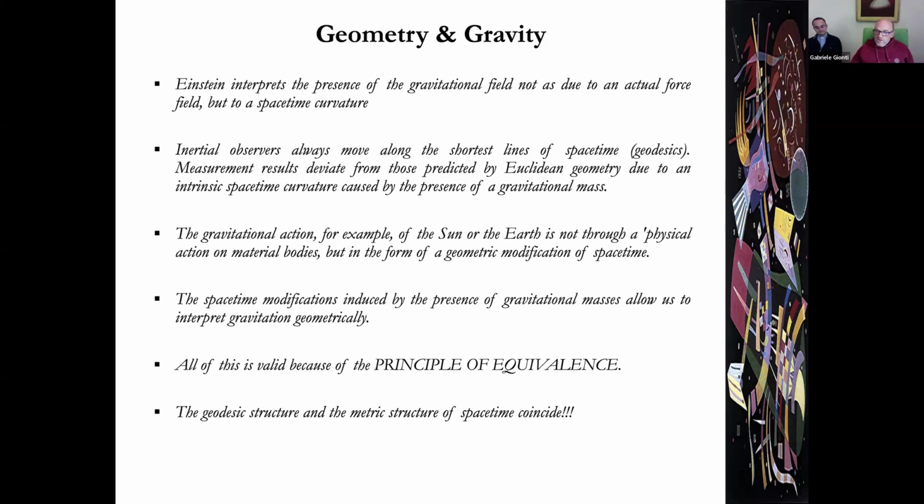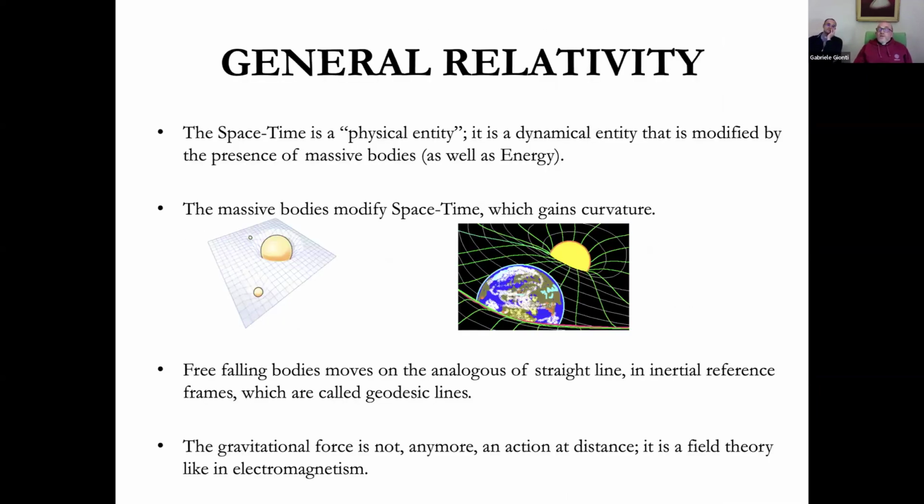The geodesic structure and the metric structure of space-time coincide. Space-time in this way is a physical entity, a dynamical entity that is modified by the presence of massive bodies as well as energy. A massive body modifies, as I said in the previous slide, the space-time, and the space-time gains curvature.